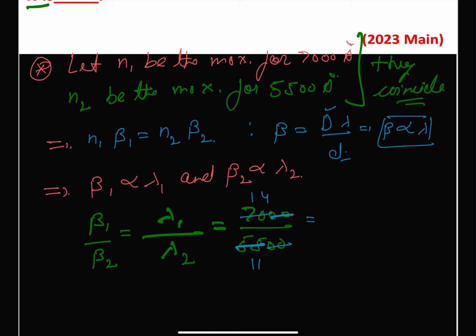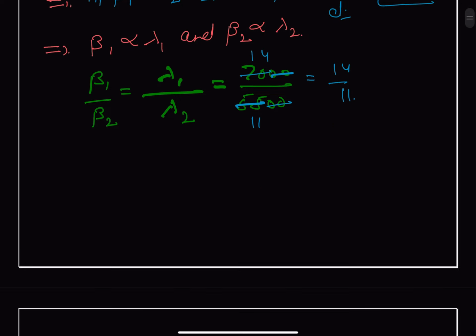So this will be 14 by 11. So we found the ratio of beta 1 and beta 2, beta 1 divided by beta 2, is 14 by 11.